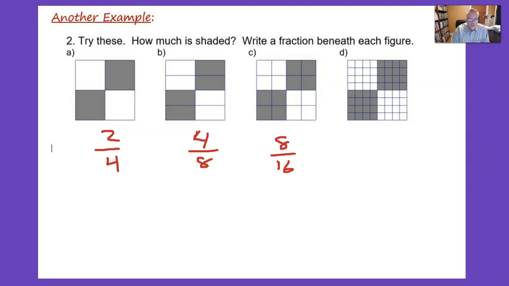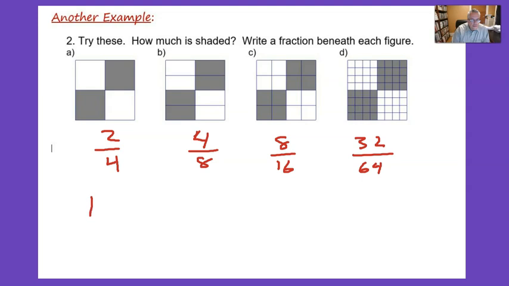And finally, on this one, it looks like we have, let's see, 16, 16, 32 out of 64, I believe. Okay, so 2/4, 4/8, 8/16, and 32/64 are all equivalent. So they're all actually equivalent to a half.